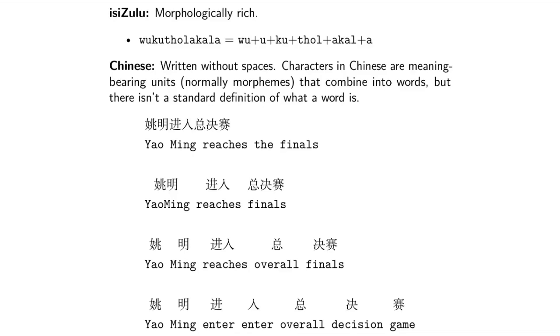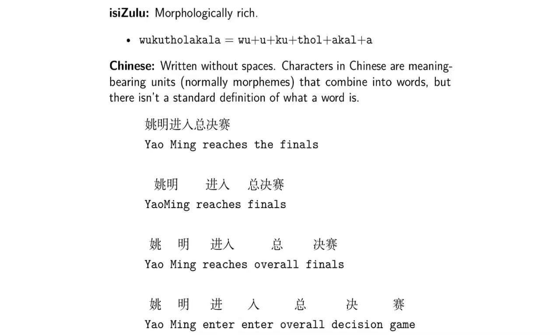And then I've already mentioned Chinese, or Mandarin. They don't put spaces between words. So this is an example from Jurafsky and Martin, where you've got the sentence here, which is translated into this. And a native Chinese speaker has said, well, you can break this up into words if you want to, but there are several different ways in which you can break it up. So maybe you keep the names as one thing, but you can also break up the name, and reaches, and so on. But then you can actually break up all these characters into little units that make sense.